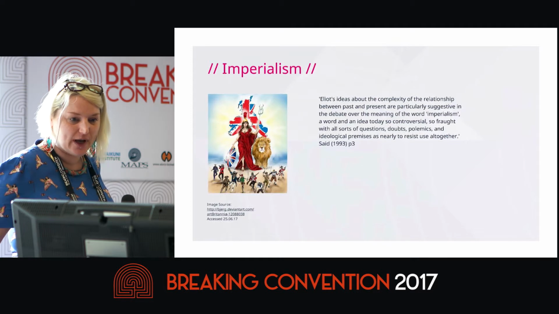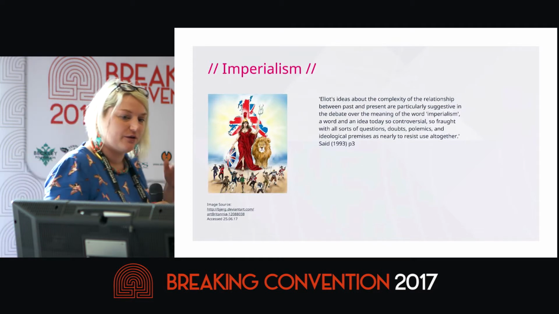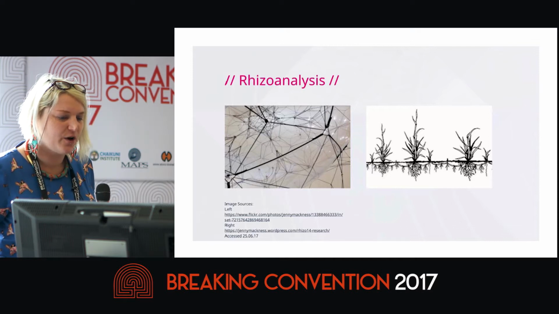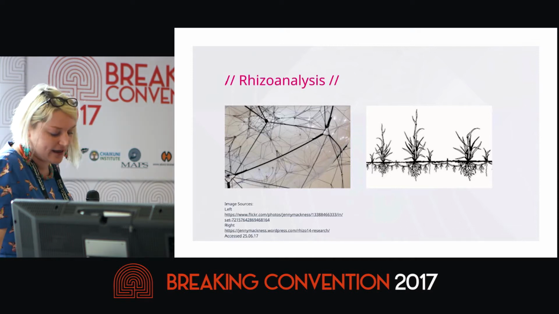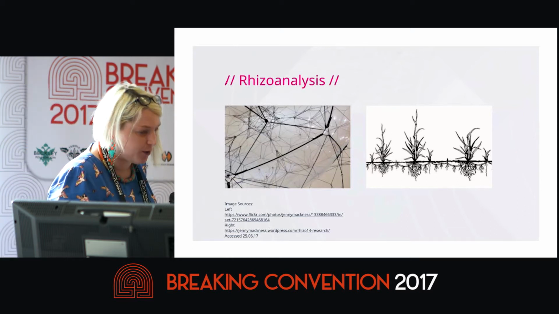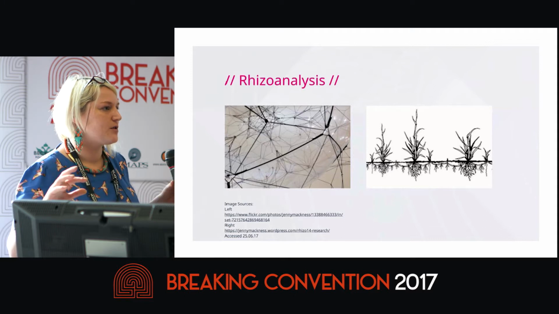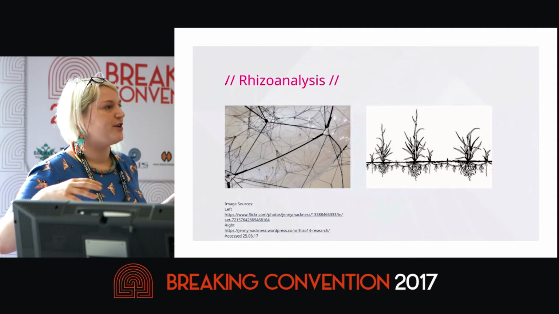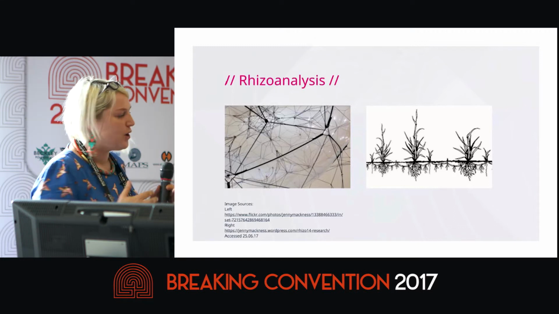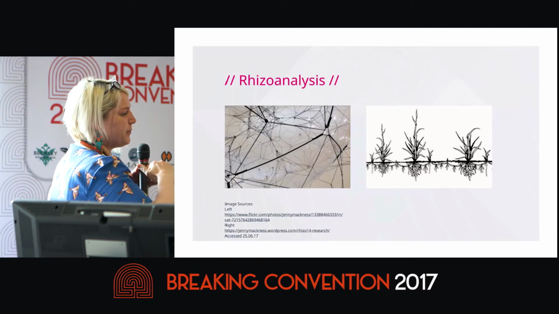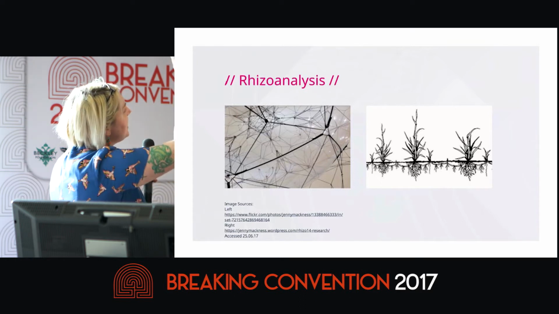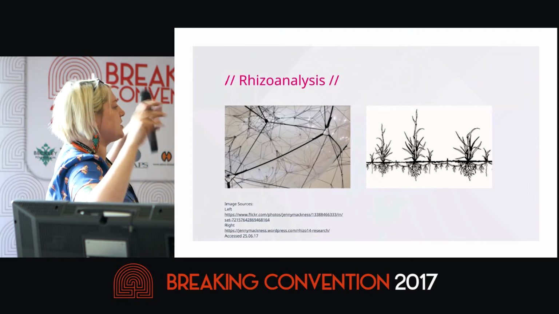Then rhizome analysis is the final theme. It comes from Deleuze and Guattari's work in A Thousand Plateaus, and it's the philosophical concept of phenomena forming networks and webs and shooting off each other. Traditionally in linguistics, botany and those sorts of subjects, we theorise things as trees: a strong theme down the middle, the trunk, with branches coming off.